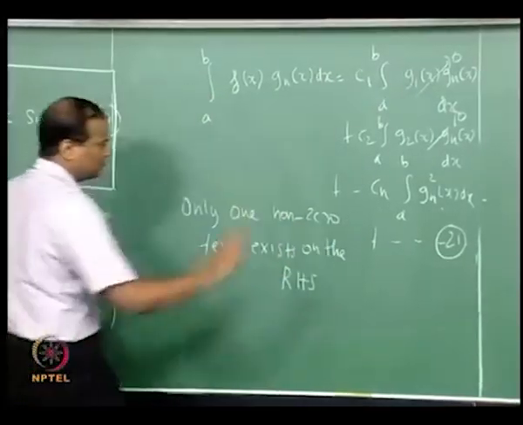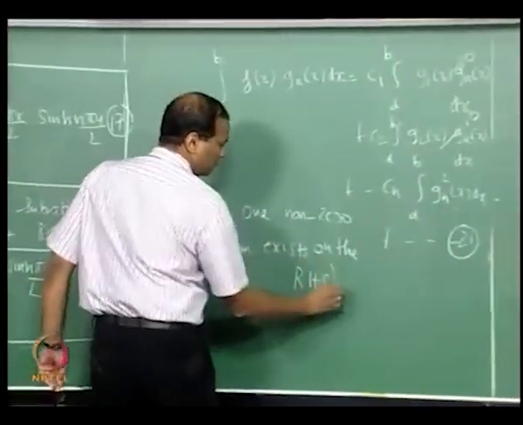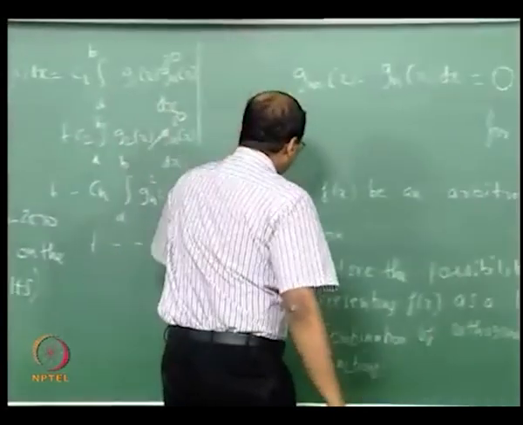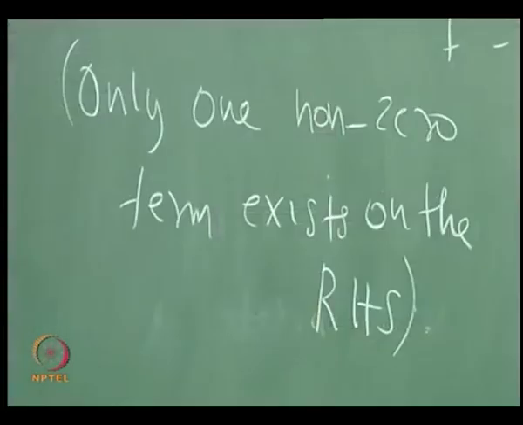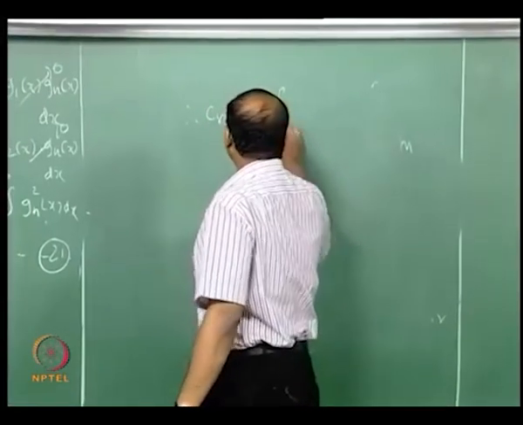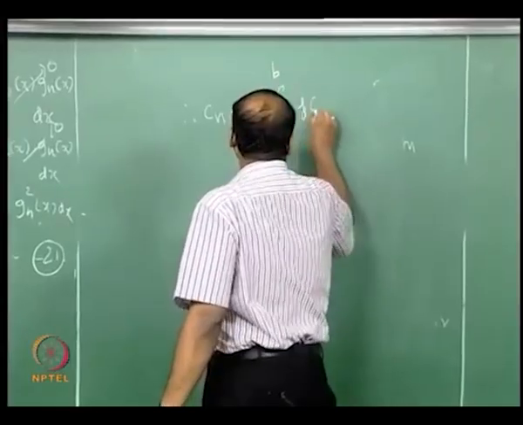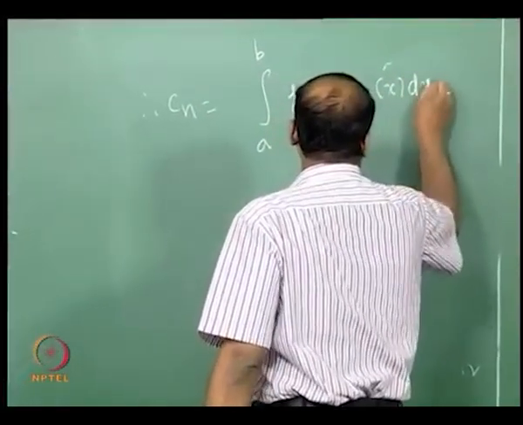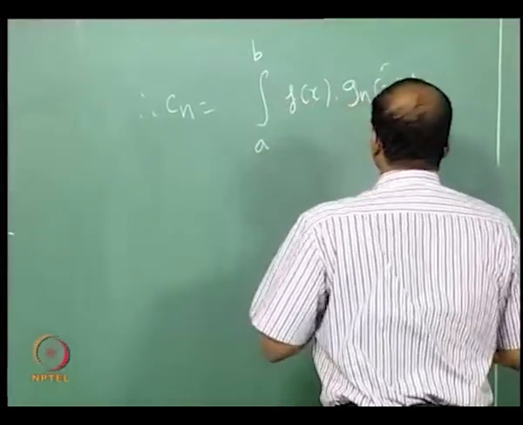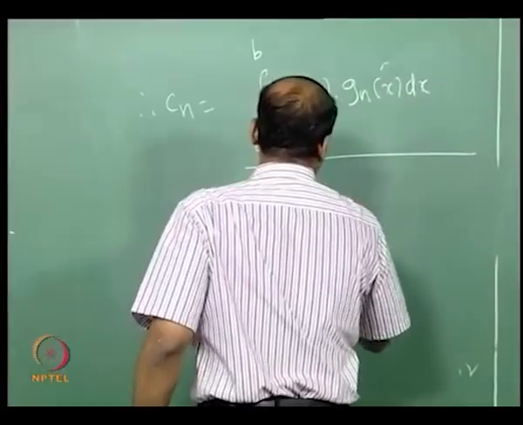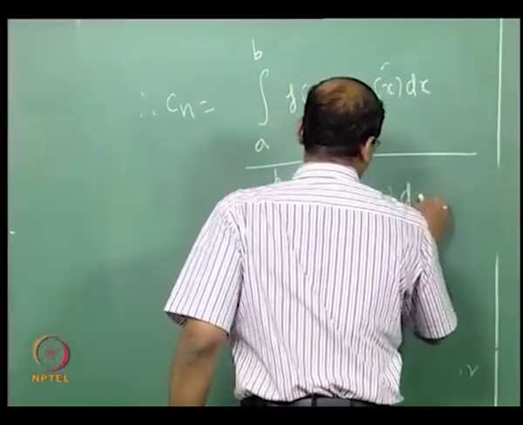Exists on the right hand side. Okay. Therefore, Cn is nothing but a to b, that is it.